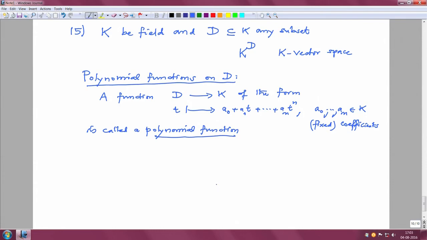If D is a finite subset of K, then every function on D is a polynomial function.